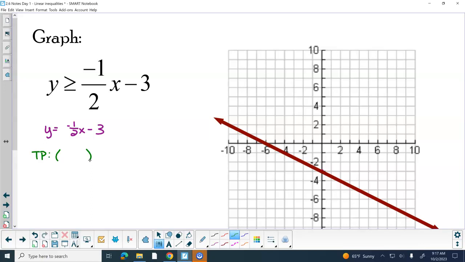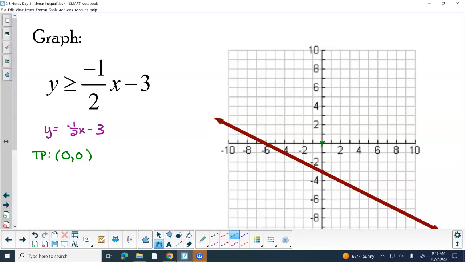I also put a little T or a little star where my test point is on my graph, because if the statement is true, we shade on that side of the graph, wherever that little mark is. If it's false, we shade on the opposite side of the line.